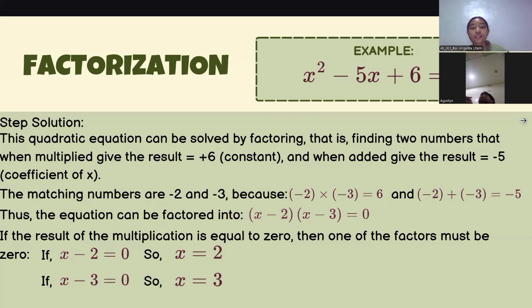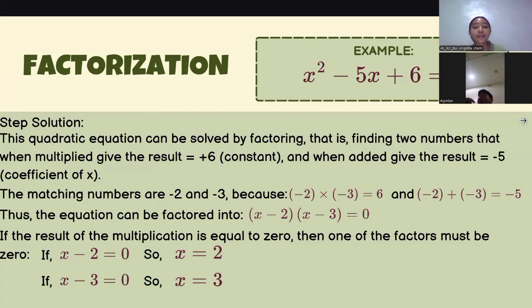Negative 2 times negative 3 equals 6, and negative 2 plus negative 3 equals negative 5. So it worked. Therefore, we can write the factored form as (x minus 2) times (x minus 3) equals 0.